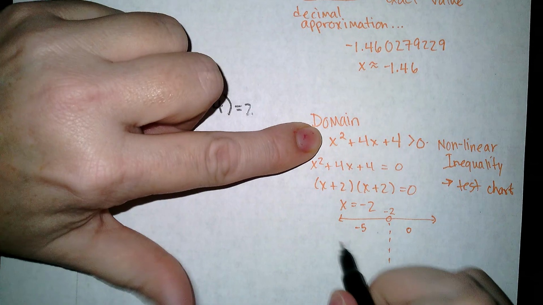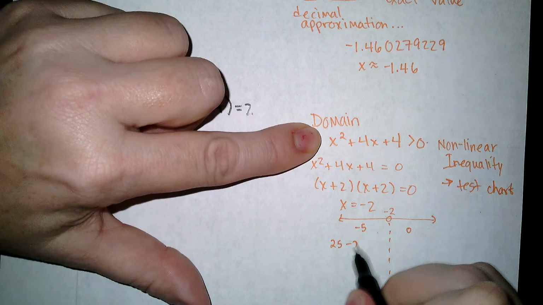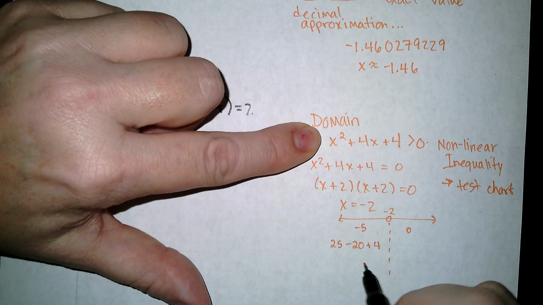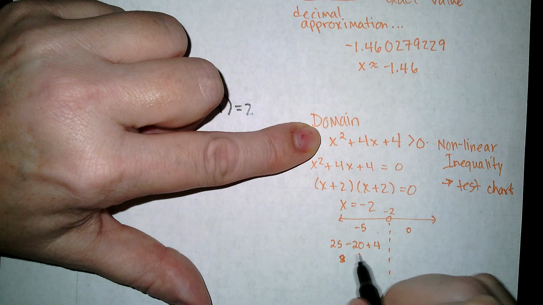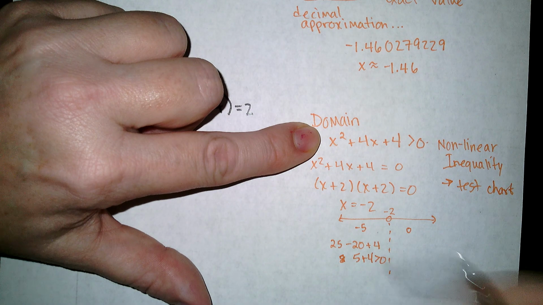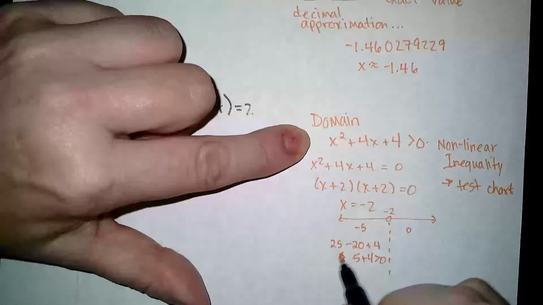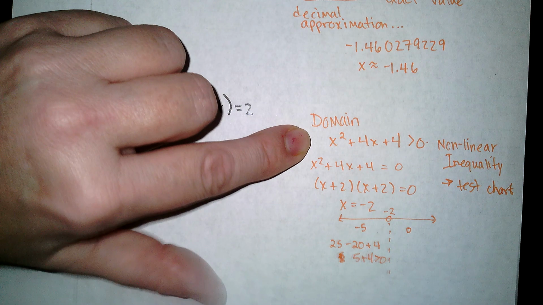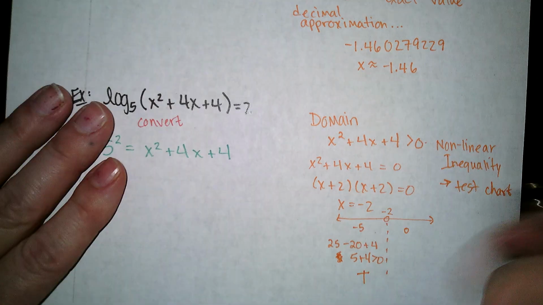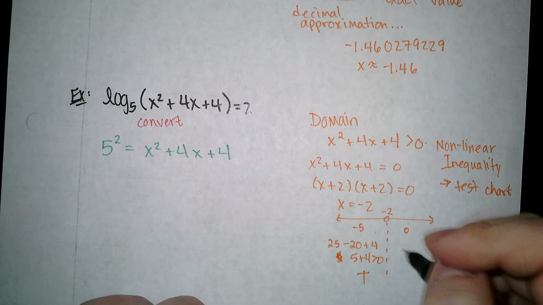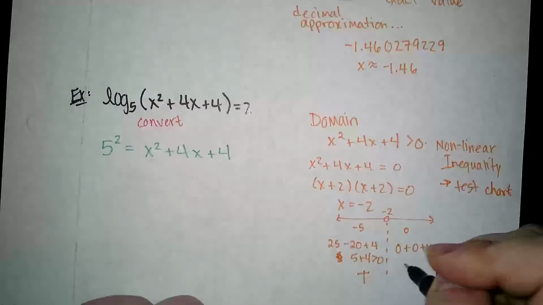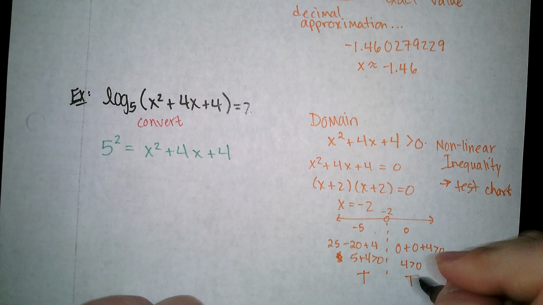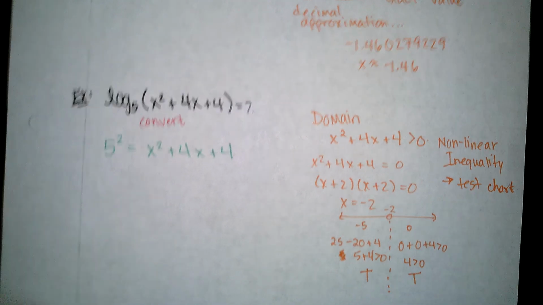So x squared, which would be 25, minus 20 plus 4. So that is 5 plus 4, which is greater than 0. So that is true. And then over on 0, 0 plus 4 is greater than 0. 4 is greater than 0. That is also true. So how does that work?